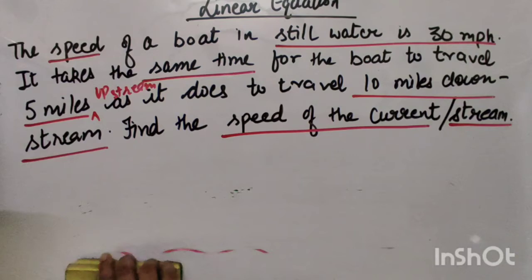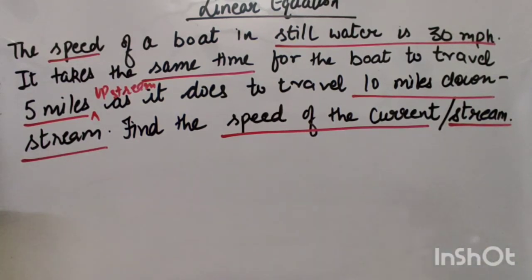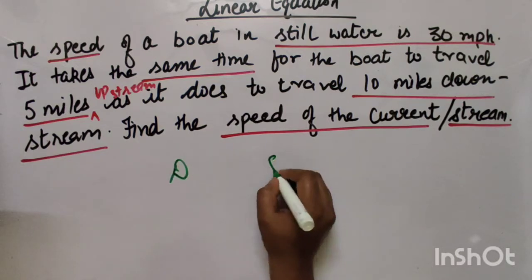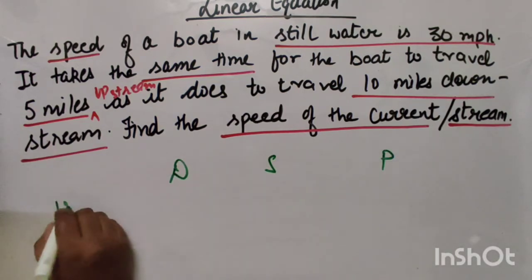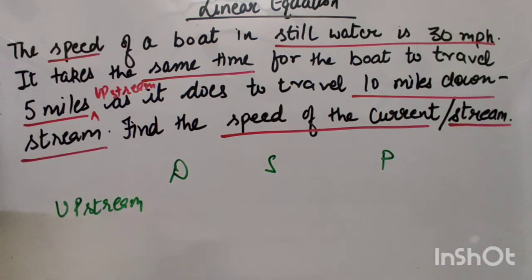So this is the summary of the question that we are going to discuss today. To have a clear look, let's write the summary properly, what is given to us, right children? So we know distance, speed, time, upstream and downstream. The first thing given to us is the distance.